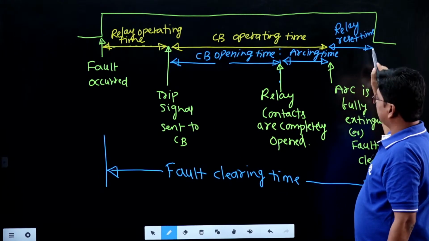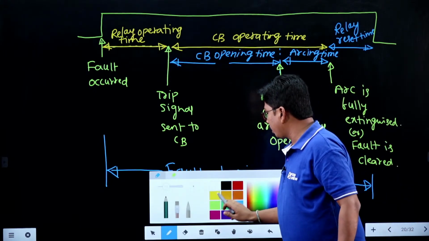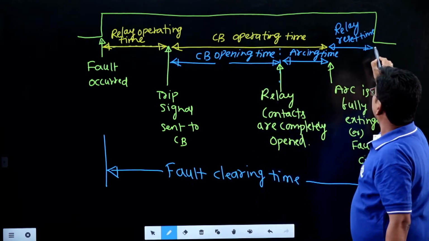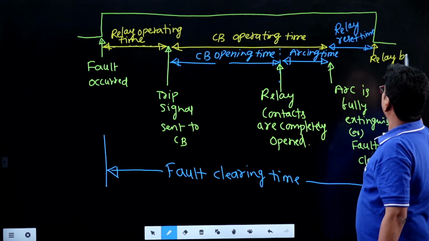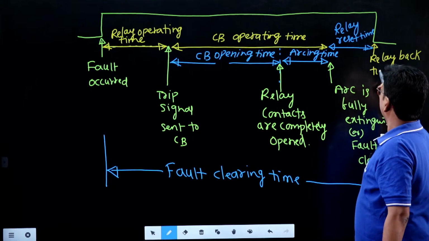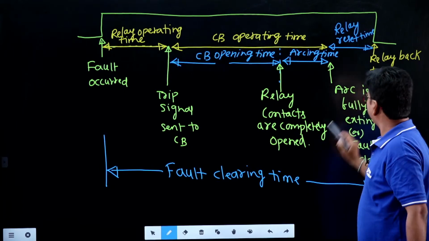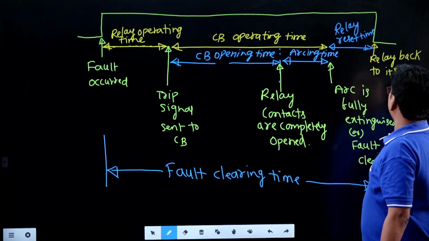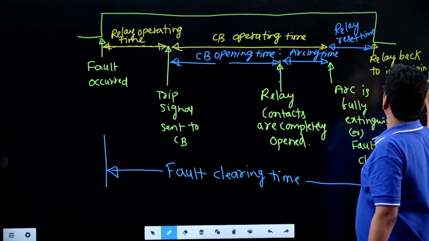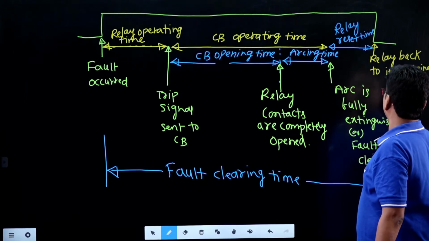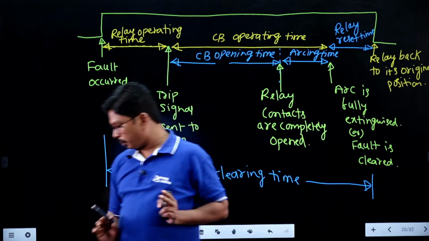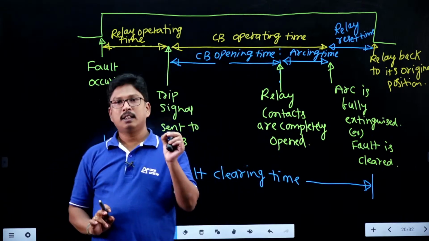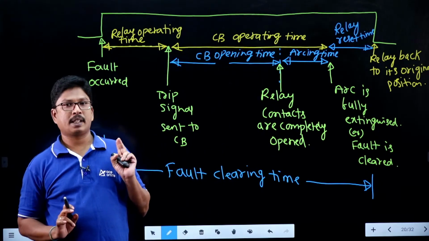In the reset time, the relay is coming back to its original position. Whenever the relay is going back to its original position, it is called as relay reset time.